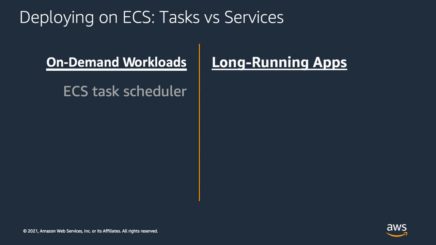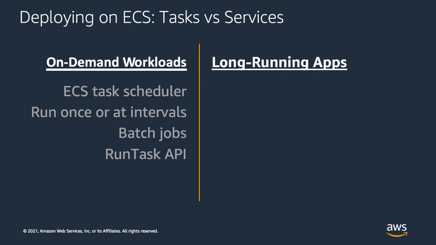I want to do a very specific task, I've completed it, I will switch it off, and the job is done. So things like batch or short-lived operations typically go for an on-demand workload, which means using tasks, and you can invoke this using the run task API, or you can use the start task custom API as well.